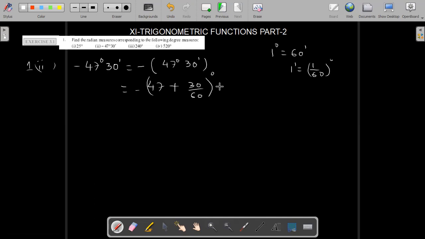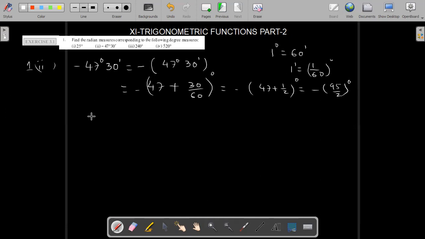Now it is converted into degrees. So now we get 47 plus 1 by 2 degree, and 47 twos are 94 plus 1, 95 by 2 degree.